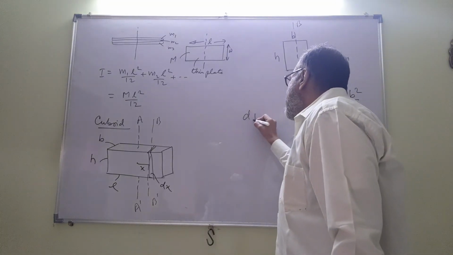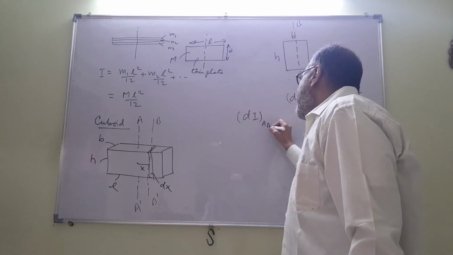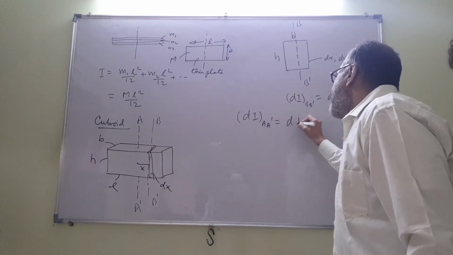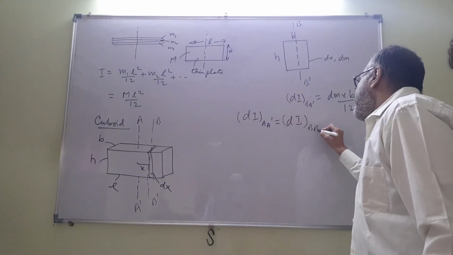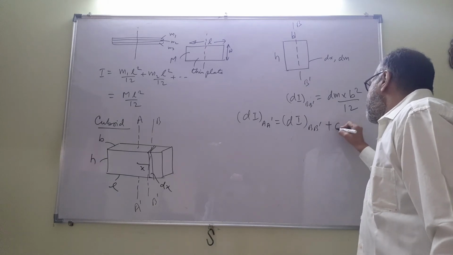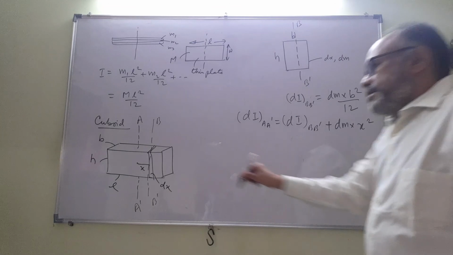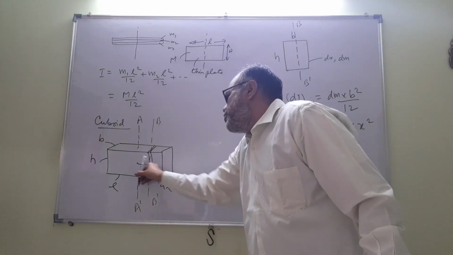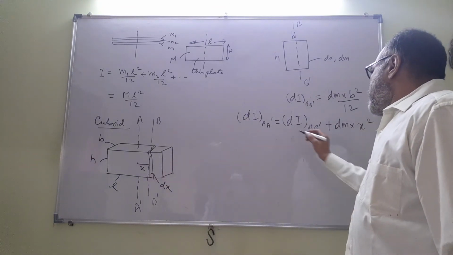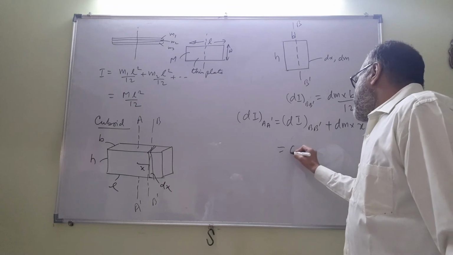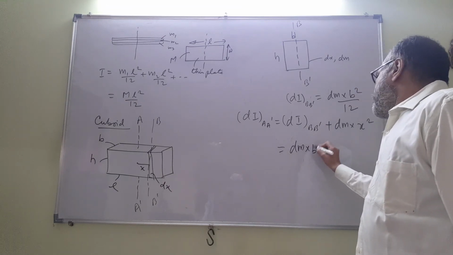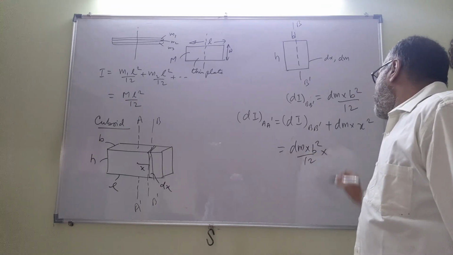So dI AA dash would be dI BB dash plus dm into x squared. This is the parallel axis theorem which we applied for these two axes. dI BB dash is dm into b squared by 12.